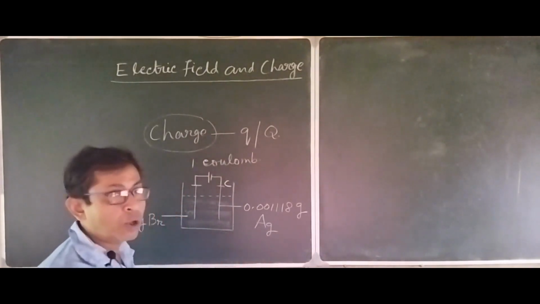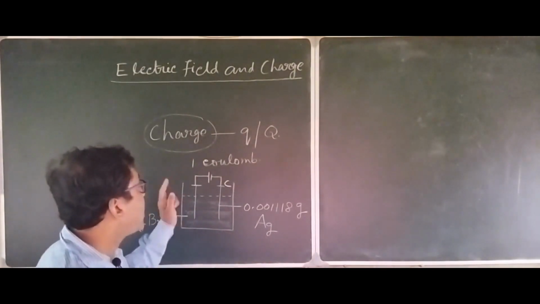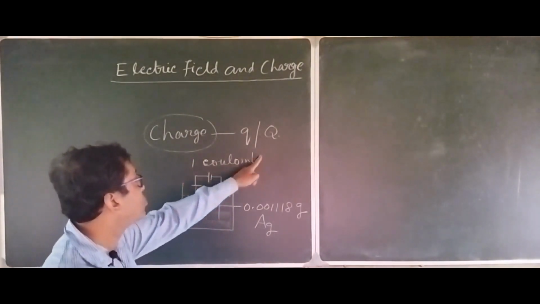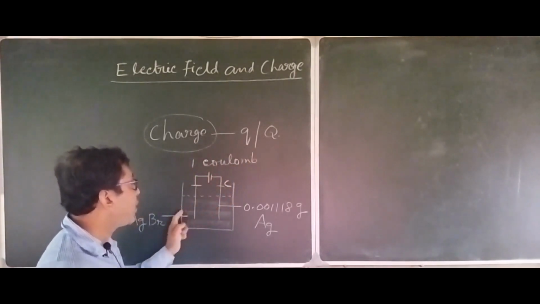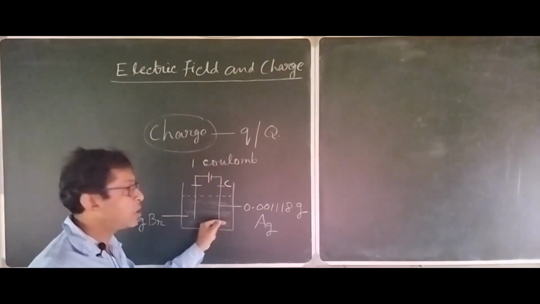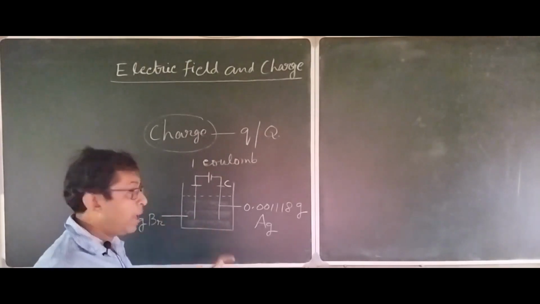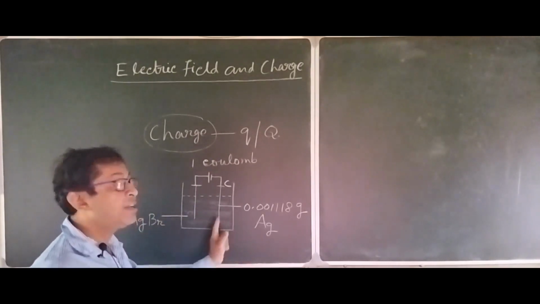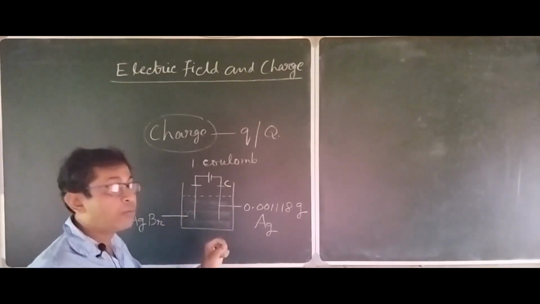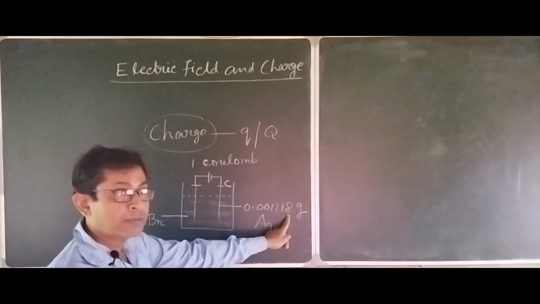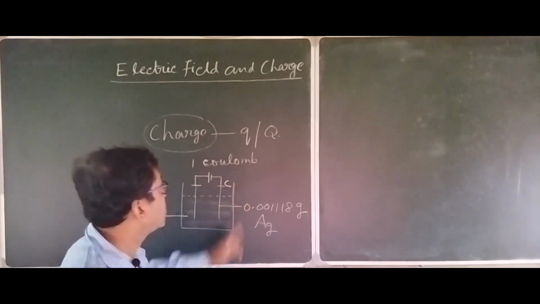That is called 1 Coulomb. It is equal to that amount of charge which, when it flows through this solution, helps the silver ion to get deposited as silver atom by this amount at the cathode.